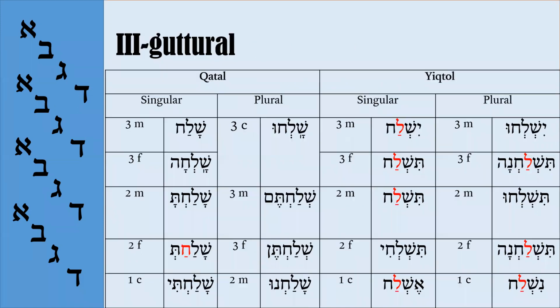Did you say that it takes sheva when it changes from singular to plural? No, I didn't say like this. Can you explain a little bit more? I didn't understand your question.